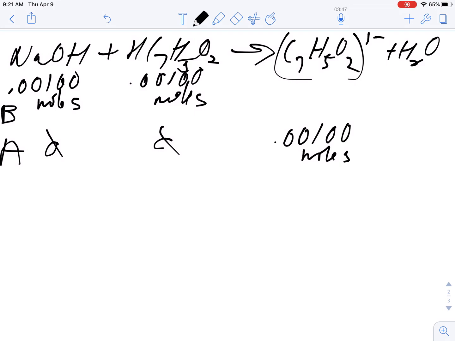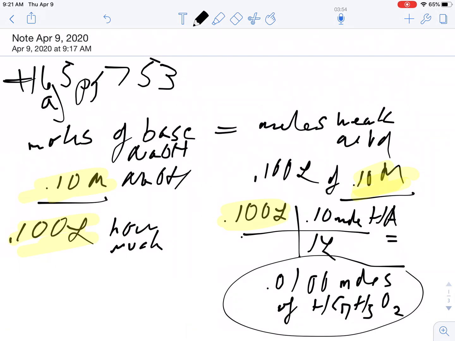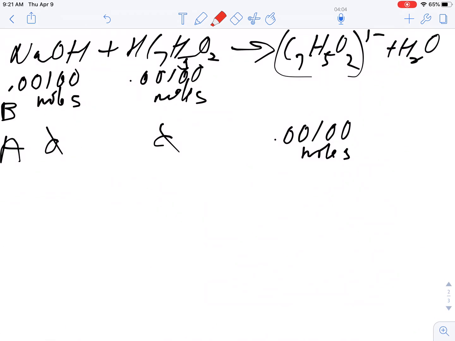Because we need molarity, not moles. I've got 0.1 liter of that and 0.1 liter of that, so when we mix them together I end up with 0.2 liters.